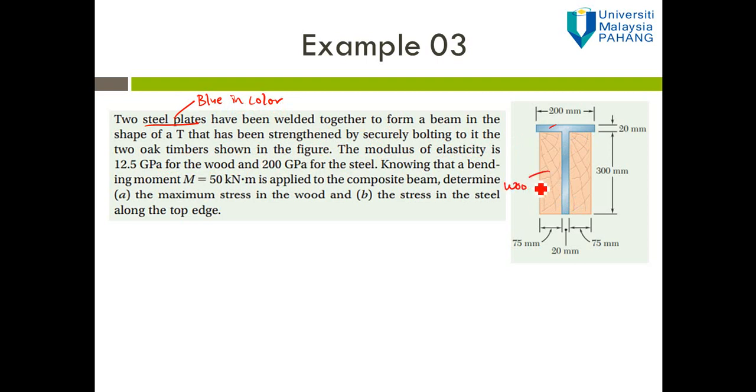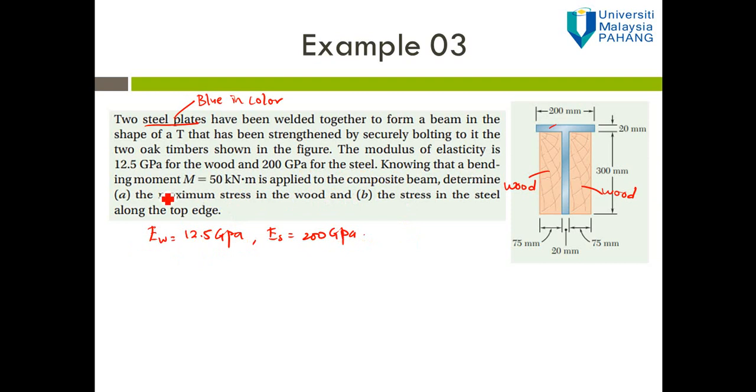This is a case of a composite beam, because you have two materials, steel and wood. The modulus of elasticity is 12.5 gigapascal for the wood and 200 gigapascal for the steel. So E for wood is 12.5 gigapascal, and E for steel is equal to 200 gigapascal.